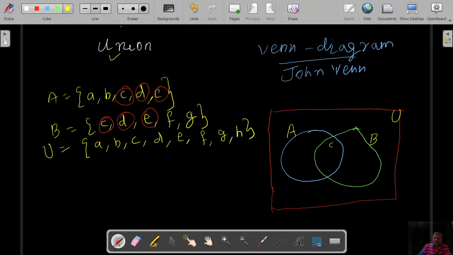First I will write the common elements. They belong to both A and B. Then the extra elements from A, C, D, E, are here.